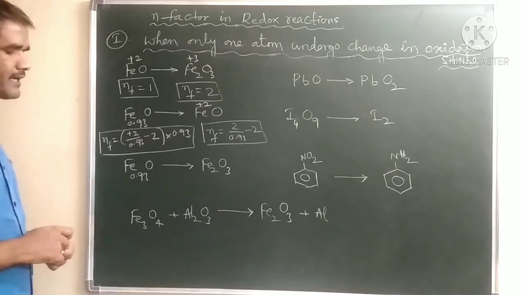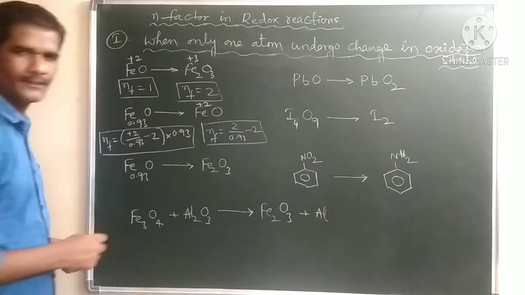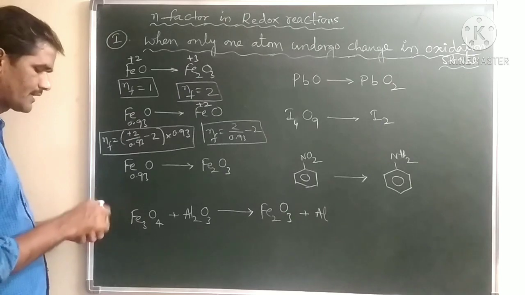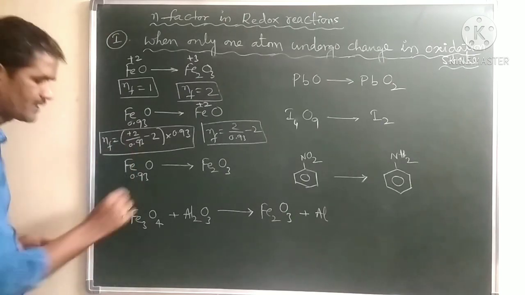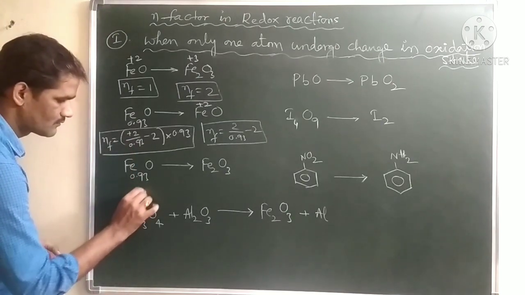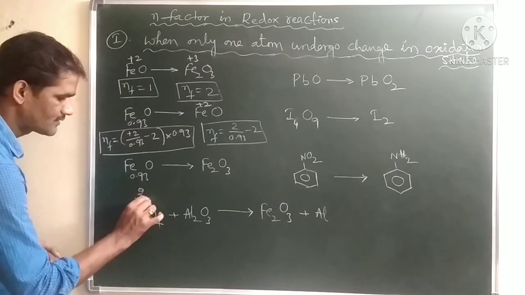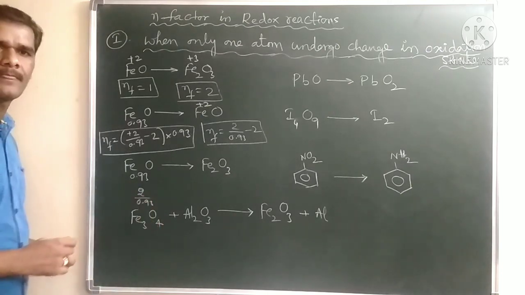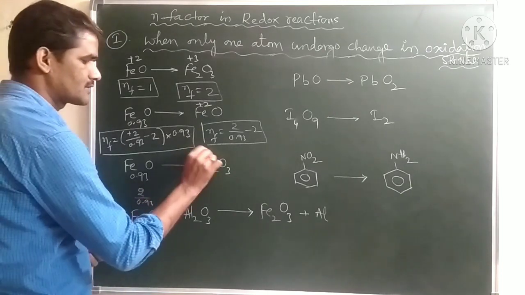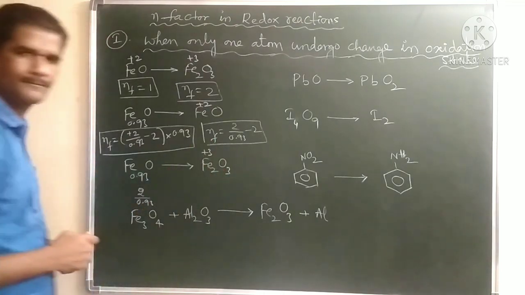Similarly, Fe0.93O to Fe2O3. In this case, again the iron oxidation state is 2 by 0.93, and here the iron oxidation state is plus 3.